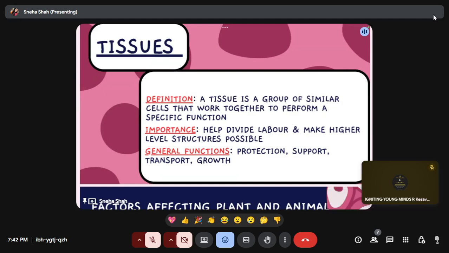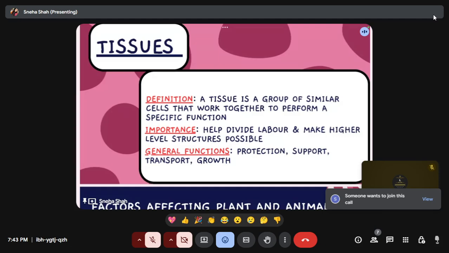A complex body like those of mammals or human beings or even reptiles, it is not possible for one part of the body to perform all the functions. So the division of labor is very important in complex organisms. So the formation of tissues is needed to divide the labor and make higher level structures possible. These higher level structures are nothing but the organs.